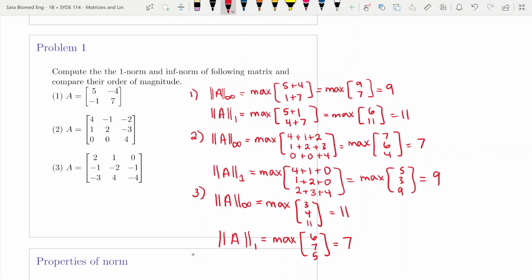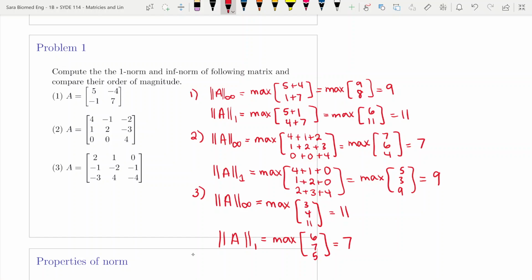So it's the max of 9 and 8, so this is 9. Literally can't do math. As you can see, they're different, but they're at the same kind of order of magnitude.